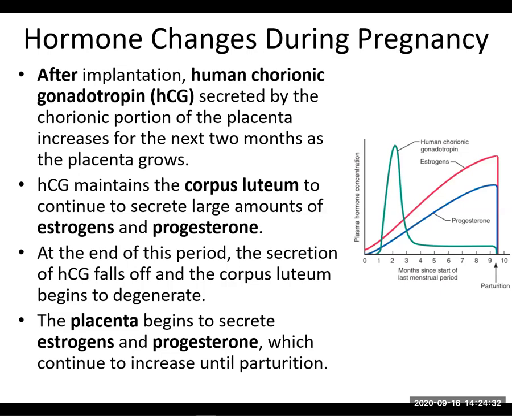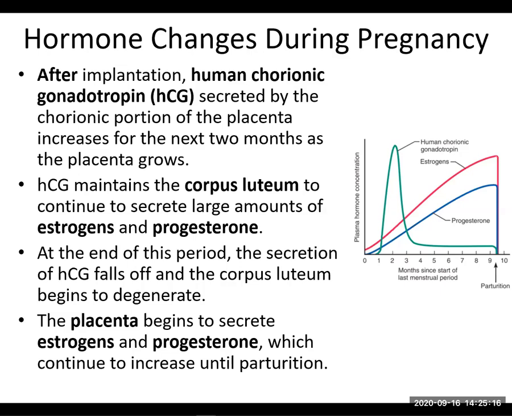And do you remember what hormones are generated by the corpus luteum? That is the estrogen and the progesterone. And they are the ones that maintain the uterine proliferation. So if we don't have HCG, we don't have the corpus luteum, we don't have estrogen and progesterone, then the uterus cannot sustain that proliferation, and we will have menstruation.